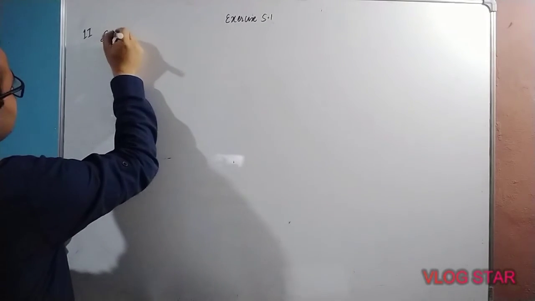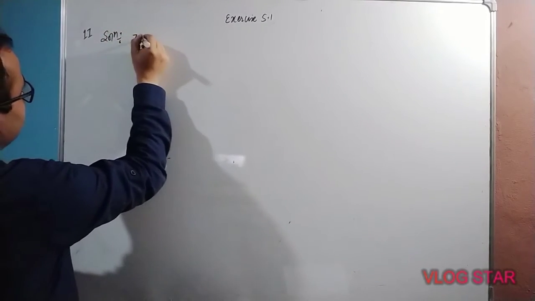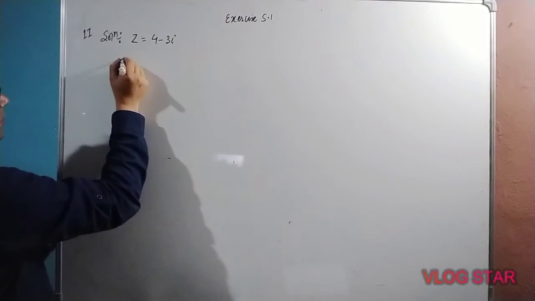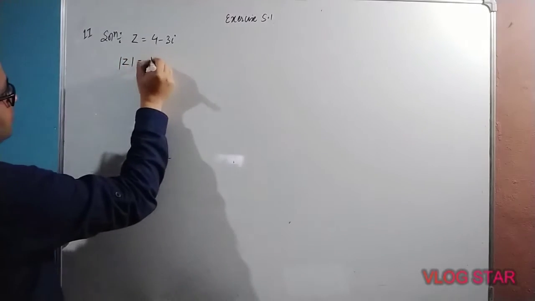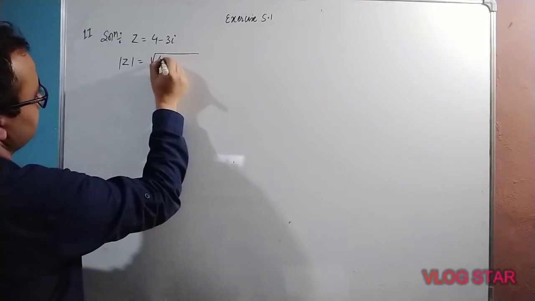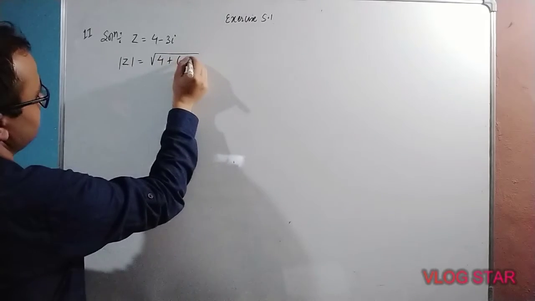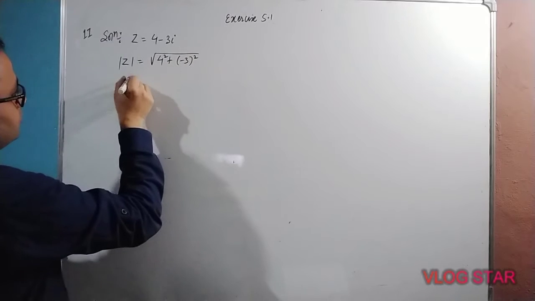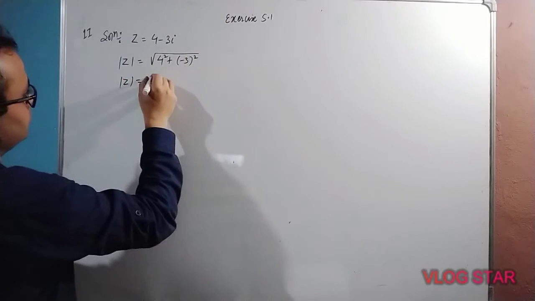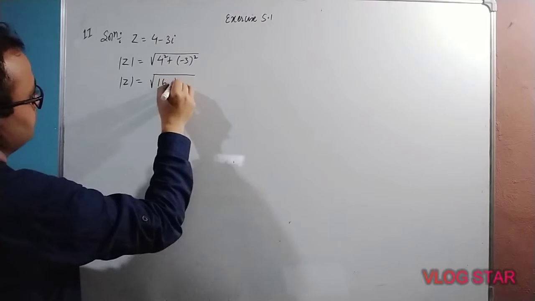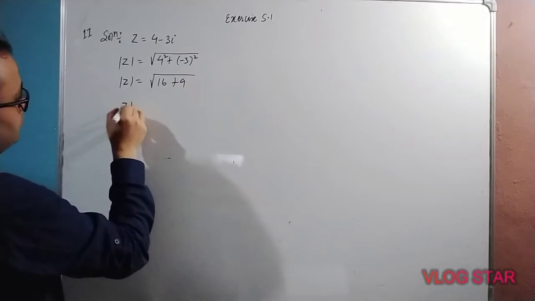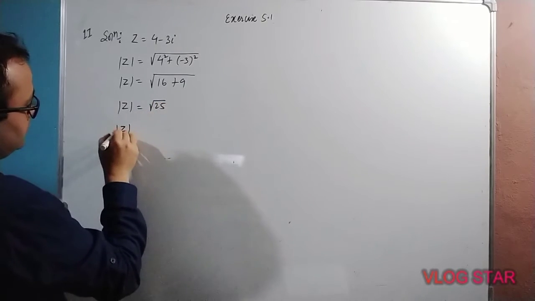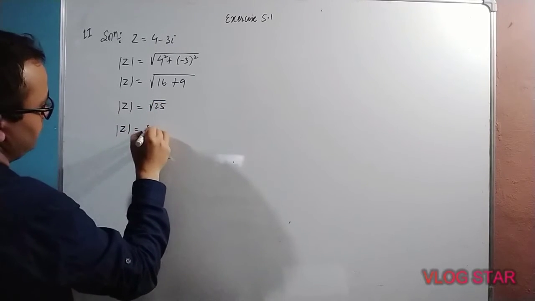In the solution, we first write z equals 4 minus 3i. First we will calculate the modulus of the complex number. |z| equals root under 4 square plus (minus 3) square, which is root under 16 plus 9, so |z| equals root 25, which is 5.